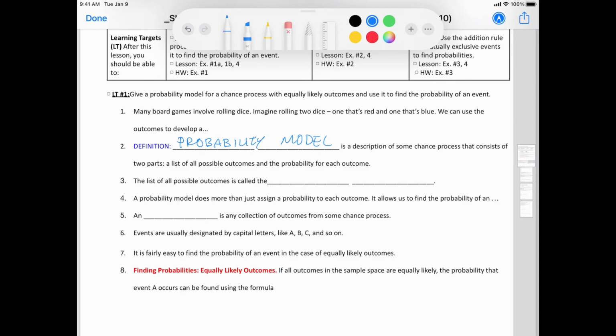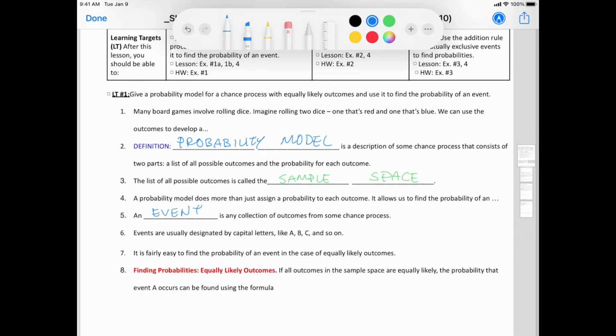The list of all possible outcomes is called the sample space. A probability model does more than just assign a probability to each outcome. It allows us to find the probability of an event.